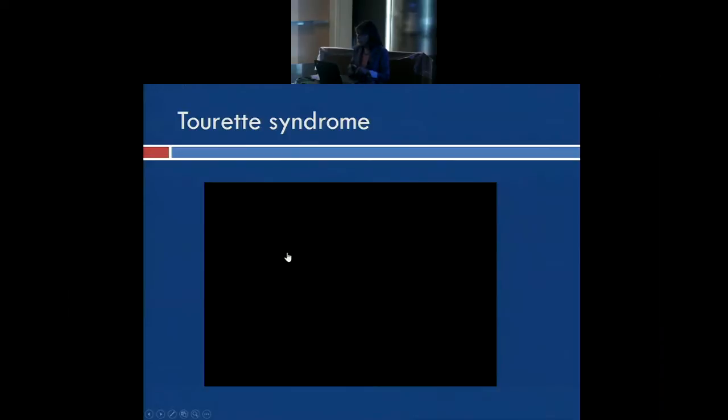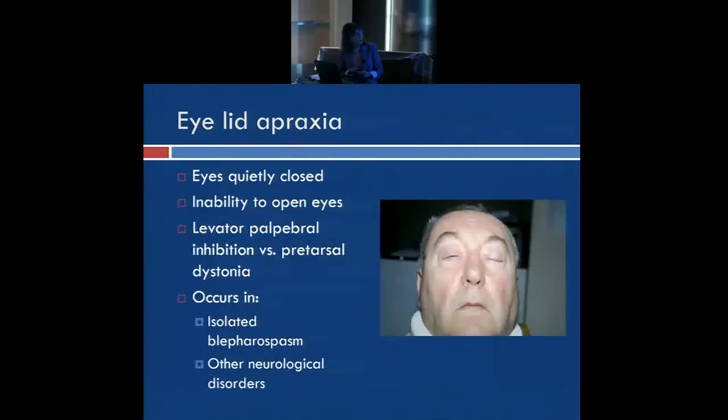Here we have a gentleman, his eyes are just closed, and he can't figure out how to open them up. This involves either the inhibition of the muscle that opens the eyes, or this could also be a pretarsal dystonia, so that the orbicularis oculi muscle that covers the eyelid is the dystonic component, leading to a quiet closure of the eyes.